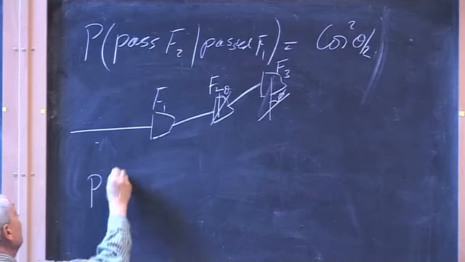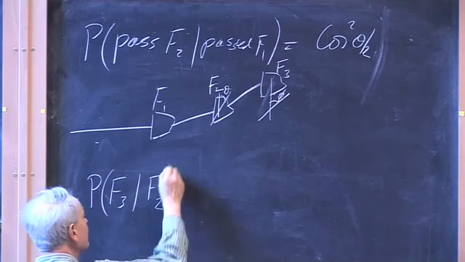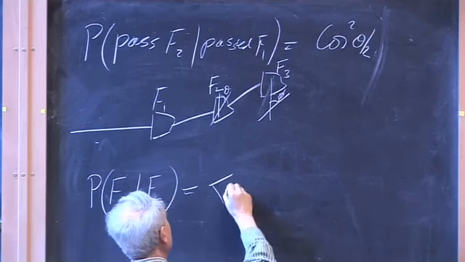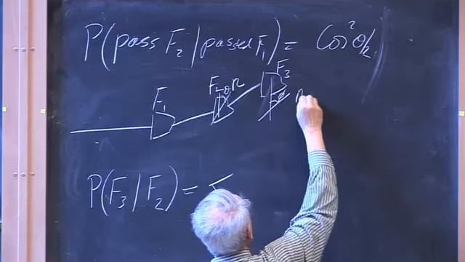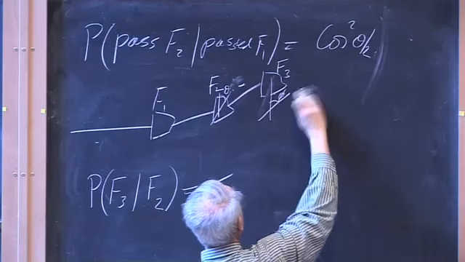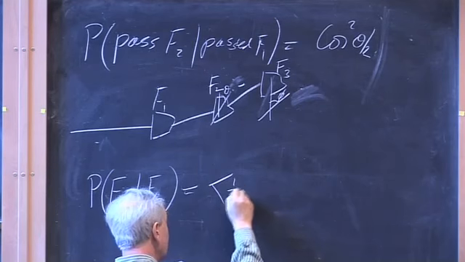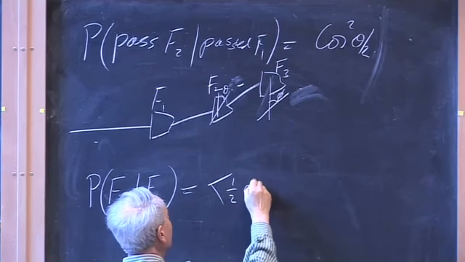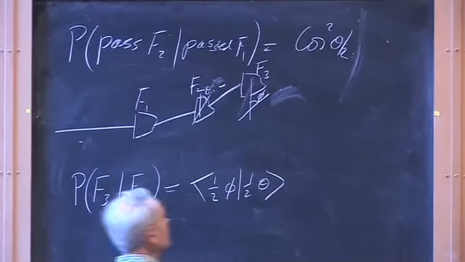The probability of passing F3, given that you passed F2, is going to be, we'll call this vector n, and we'll call this vector m, say. No, we'll use this notation: a half on phi, a half on theta.